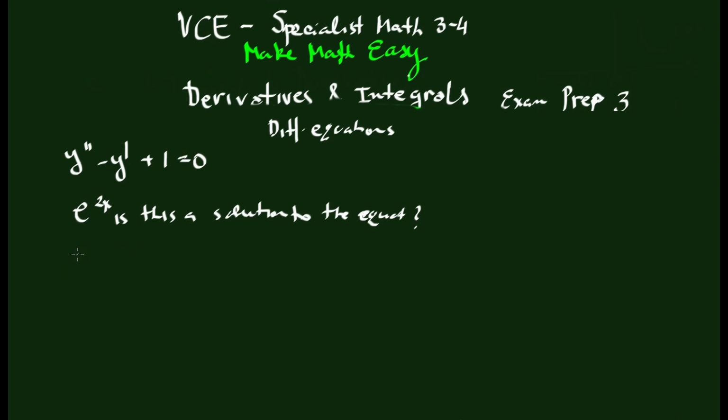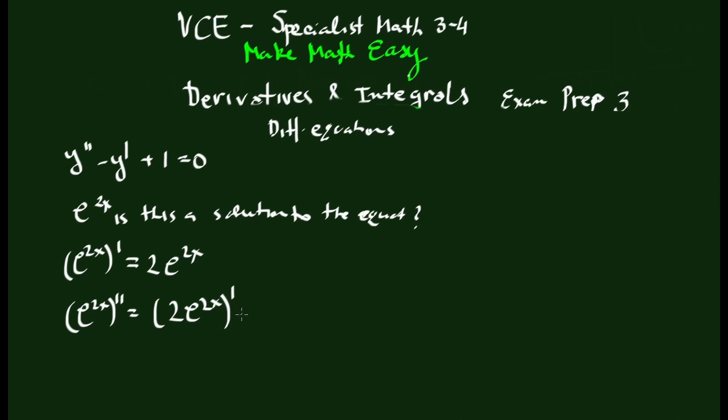Let's check. So e to the power 2x, the first derivative becomes 2e to the power 2x, and the second derivative is the same as the first derivative of the previous one, which is 2 times 2 times e to the 2x.